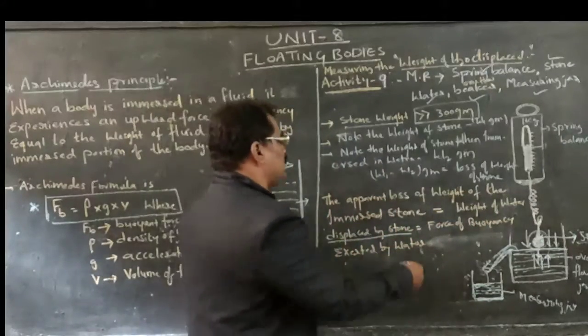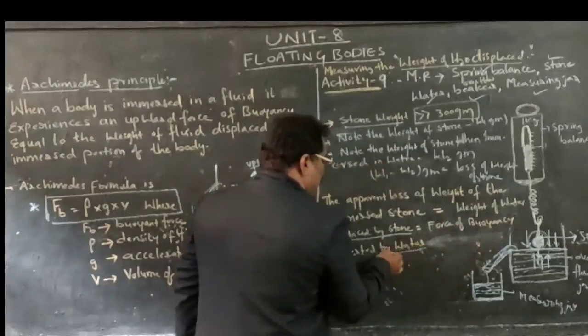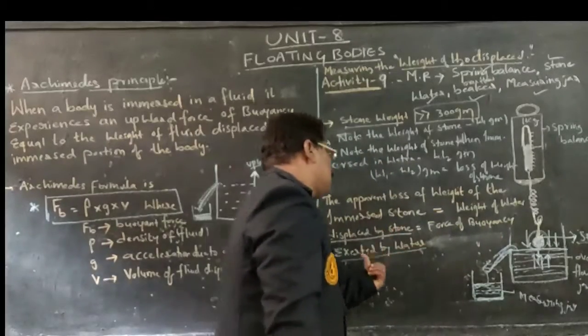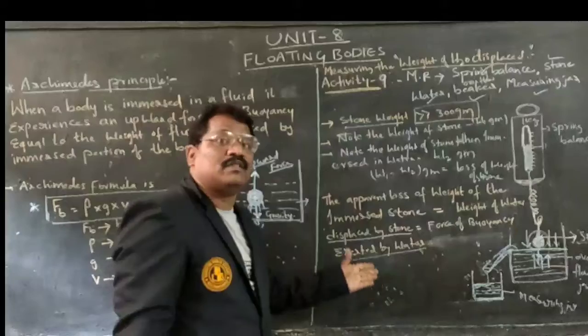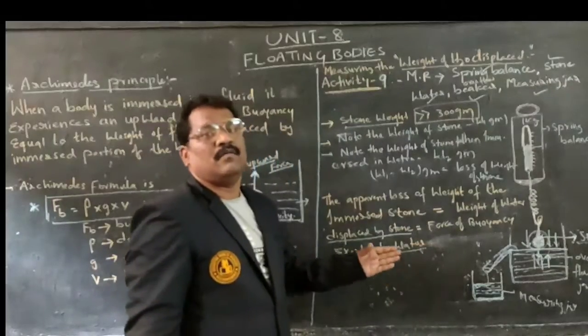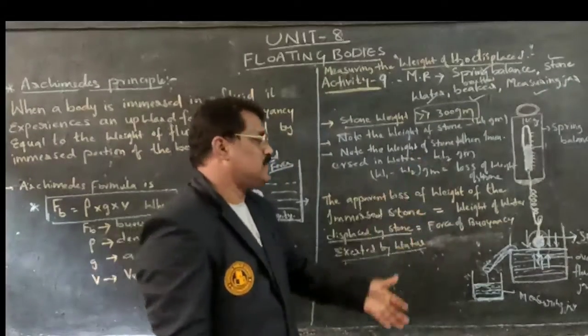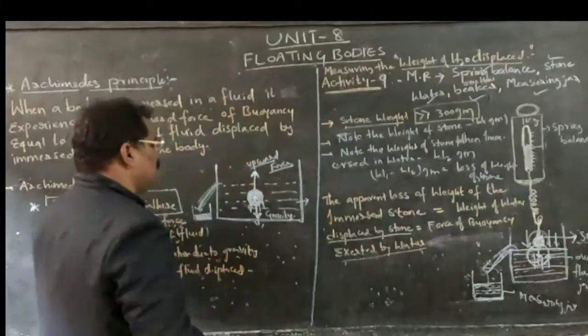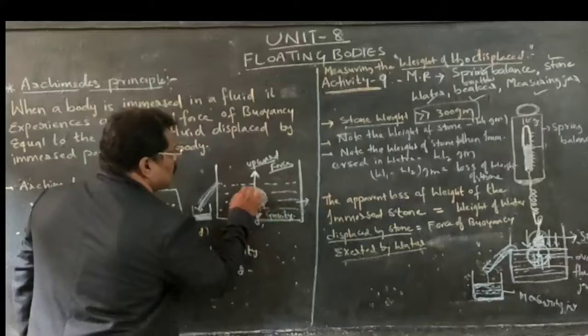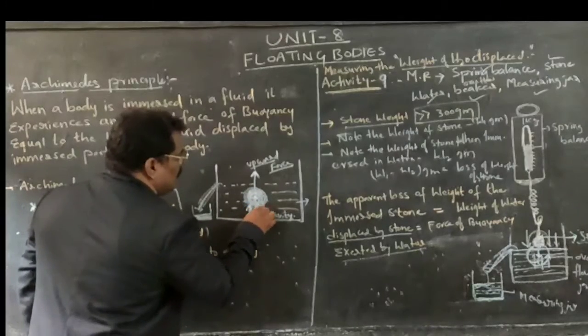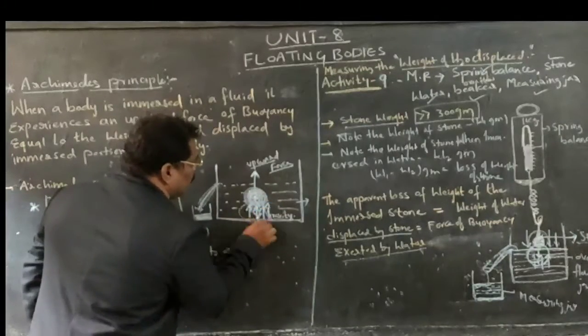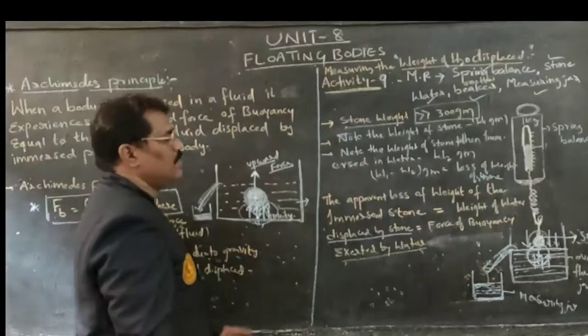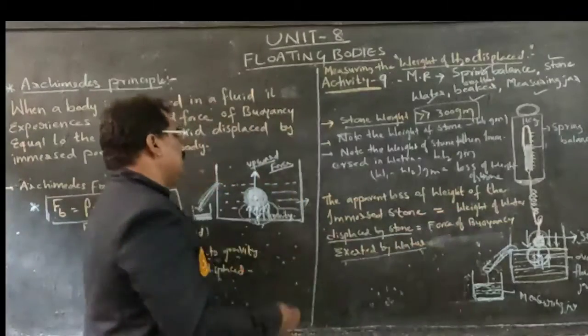Not only that, it is also equal to the force of buoyancy exerted by water. As the object is immersed, the water exerts a buoyancy force on the surface of the object.